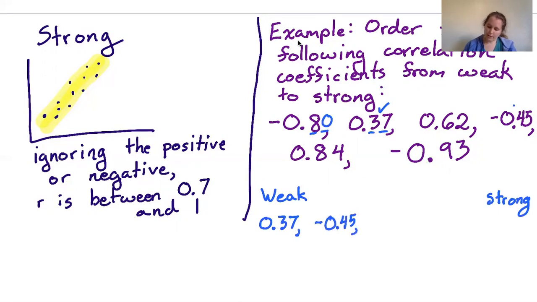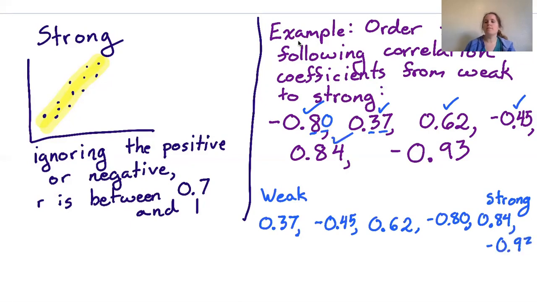Next up, we would go to 0.62, then negative 0.80, positive 0.84, and I didn't leave myself enough room. Last would be negative 0.93. So again, the positive and negative just tells us whether the graph goes up or the graph goes down. The main thing here is that we just want the digits to be in order from smallest to largest.